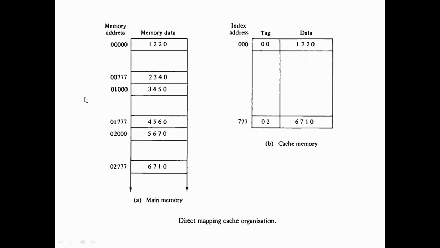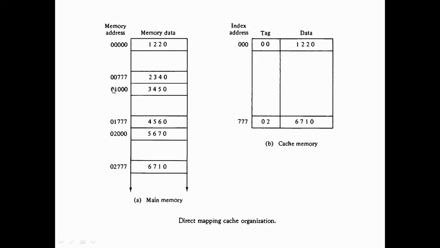What is that? For example, we have an address of 00000, 5 zeros. It is stored here with an index of 000. The last 3 bits are 000, and the tag, which is these first 2 bits, is here. So the corresponding data 1220 is in cache. It is in main memory, and a copy is also in cache because the CPU has used it.